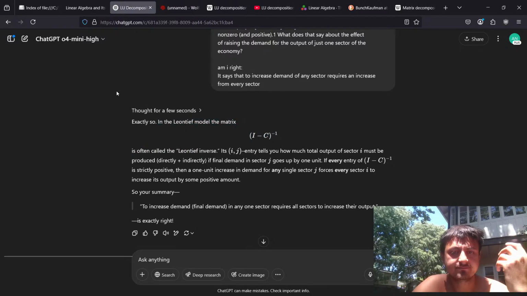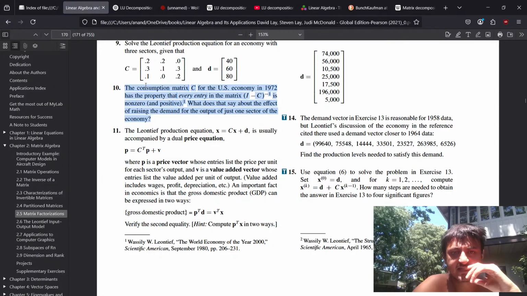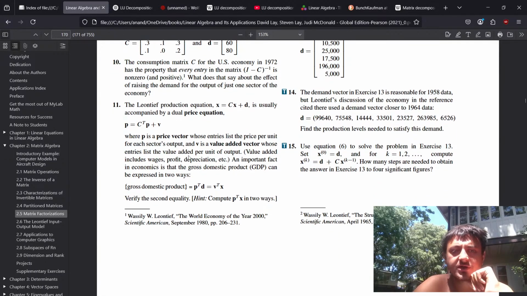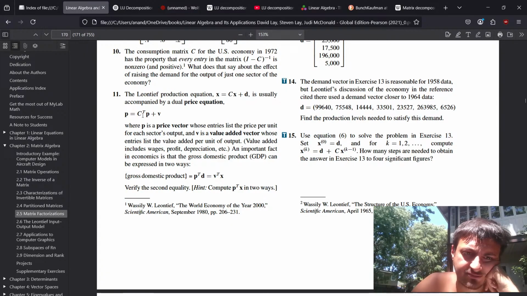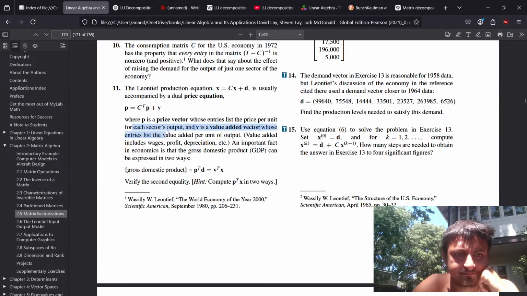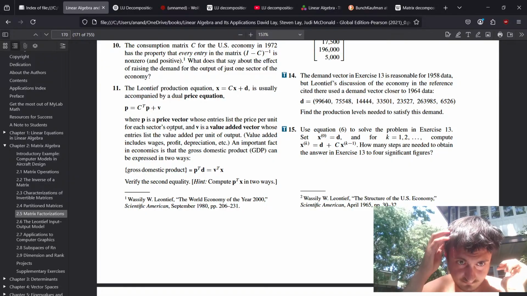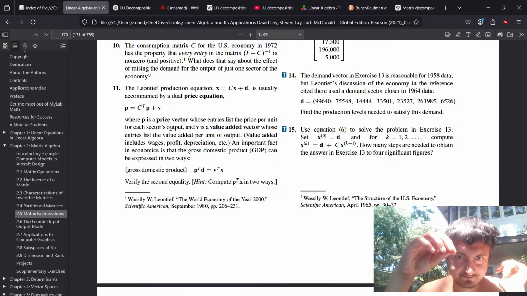So we were right. That's exactly right, because the inverse tells you how much more you need. The production equation is usually accompanied by a price equation with the transpose of the consumption vector. Oh, that's cool.